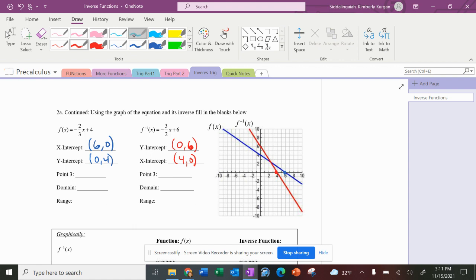But let's keep going. So let's find just a random point. It's just a third point. Let's see if I can find something along here that looks promising. This one looks not bad. So on the red line, it looks like I have the point 6, negative 3.